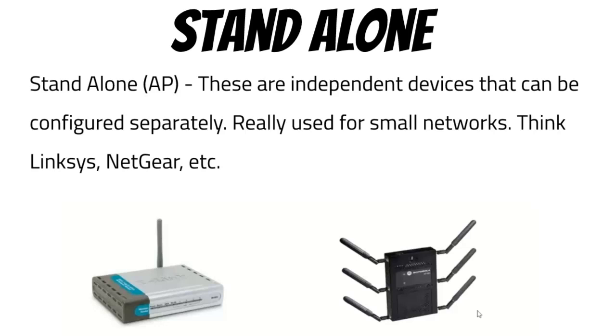And these devices, again, they're just independent and they can be configured and managed separately as well. But that's not really scalable, because you don't want to sit there if you start getting thousands of APs and you only have this certain type of standalone access points.